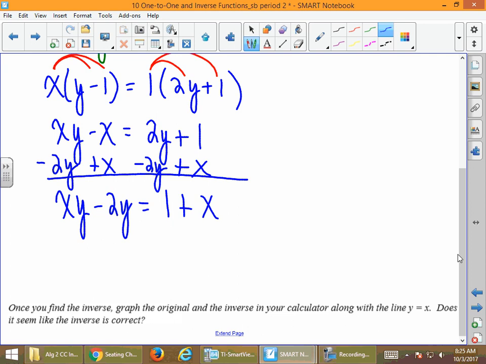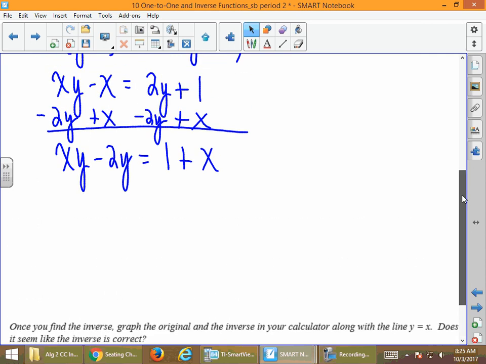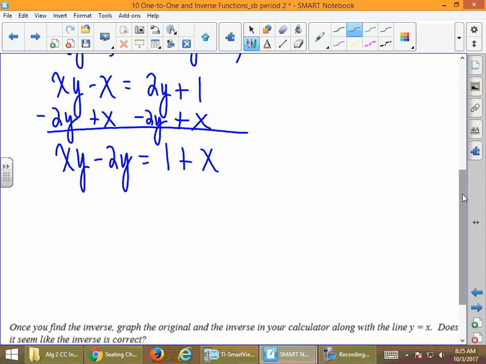We need to get this equation to a point where we've got one y term. What we learned in our last class is that we can factor out the y. When we factor out a y, we're left with y times x minus 2 equals 1 plus x.